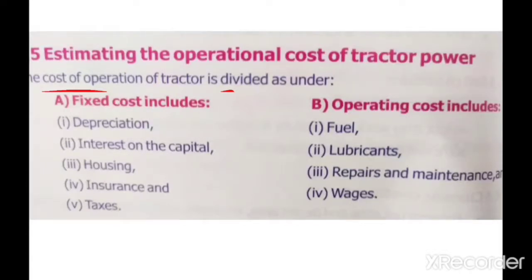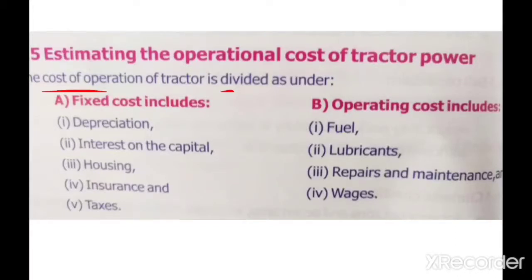Then the total cost of operations, we know that there are two types of cost involved under the cost of operation of the implement, tools or tractor. First one is fixed cost, and second one, variable or operating cost. Now what is meant by fixed cost?